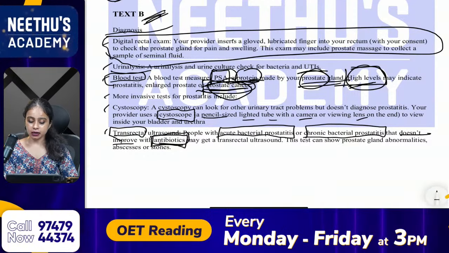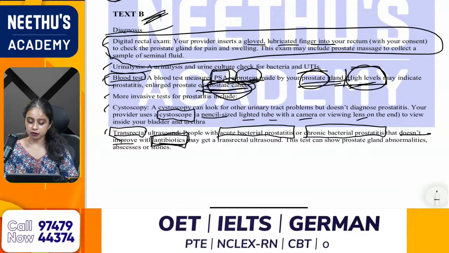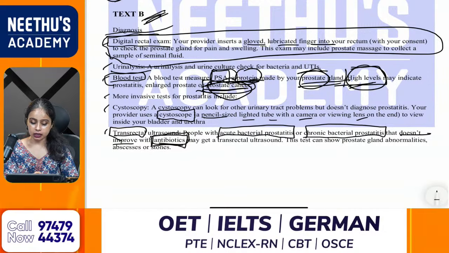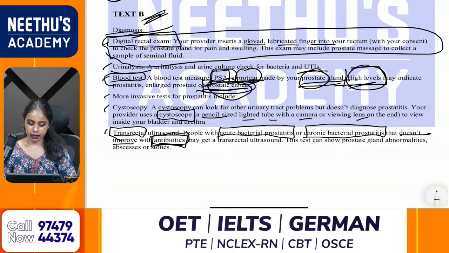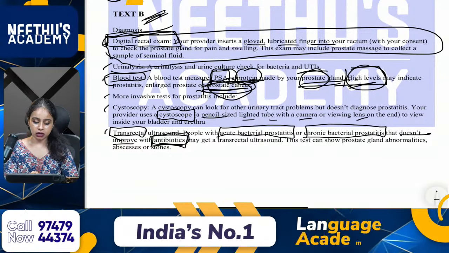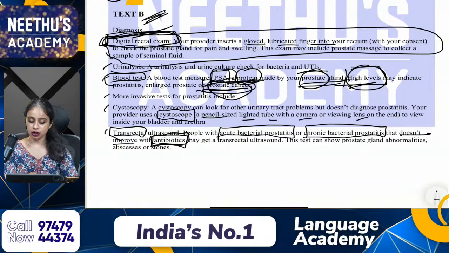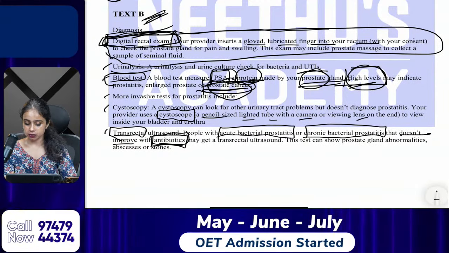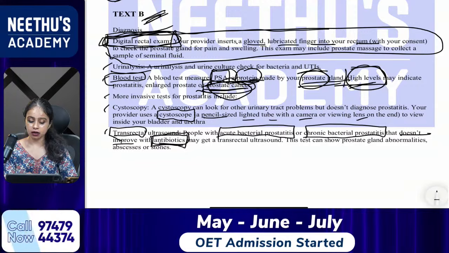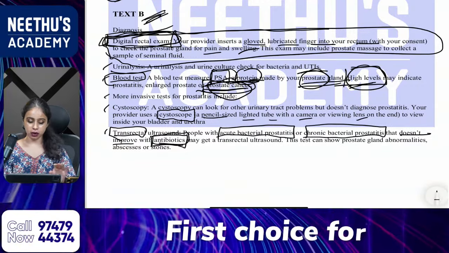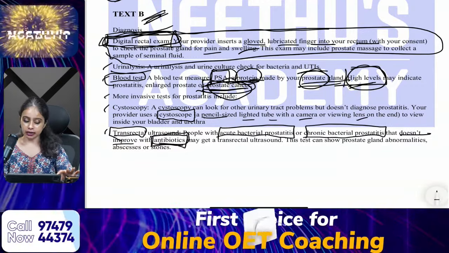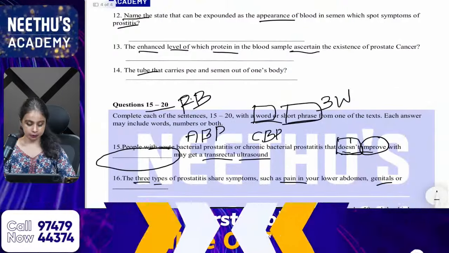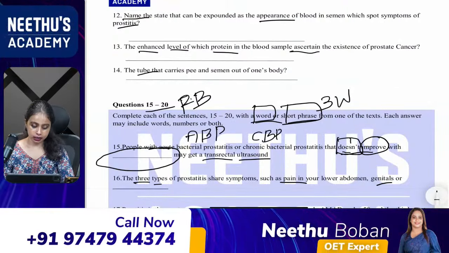Your provider inserts a gloved, lubricated finger for doing what? A digital rectal exam. Your provider inserts a gloved, lubricated finger into your rectum with your consent to check the prostate gland for pain and swelling. So these are the keywords, and the answer should be digital rectal exam. Yes, very good.